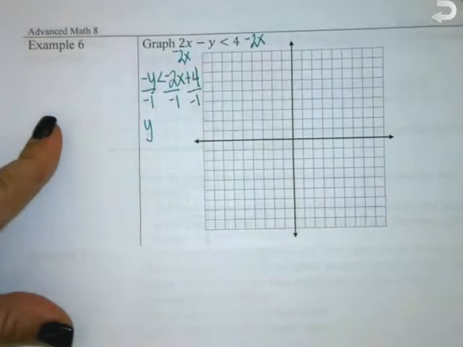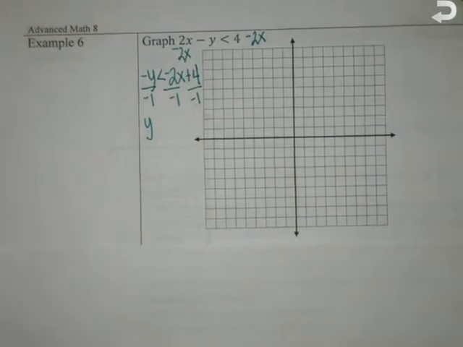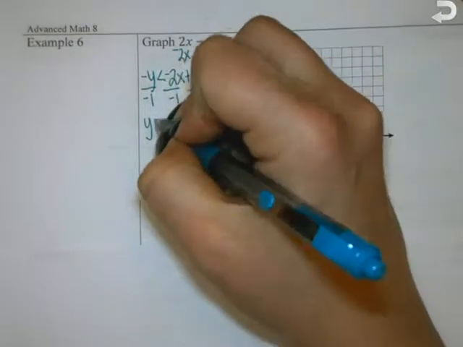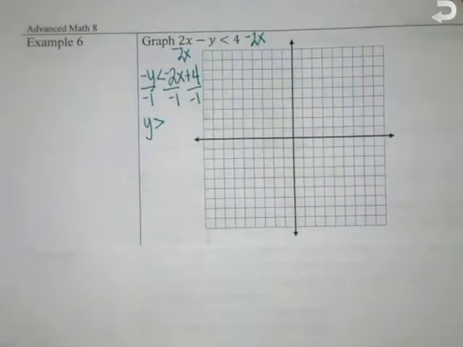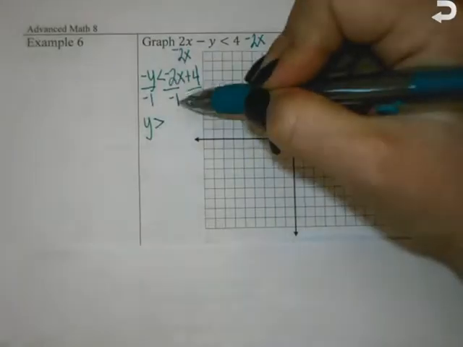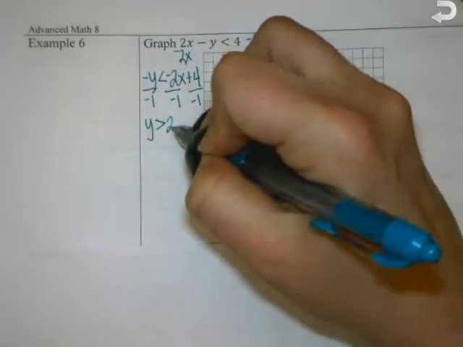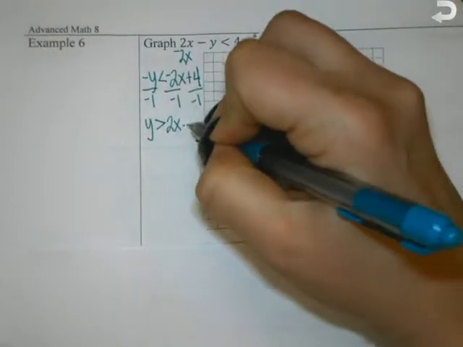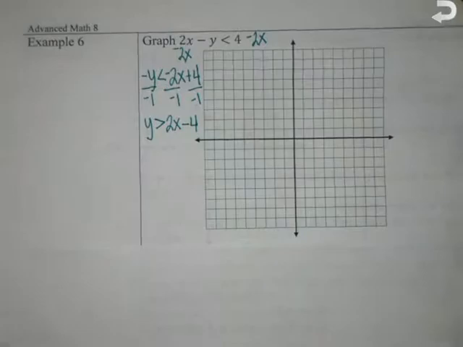Now who remembers what you do if you are dividing by a negative? You flip it. So this does not become a less than anymore. Now it is a greater than. -2 divided by -1 is positive 2x. And positive 4 divided by -1 is -4. So now we're in slope-intercept form.